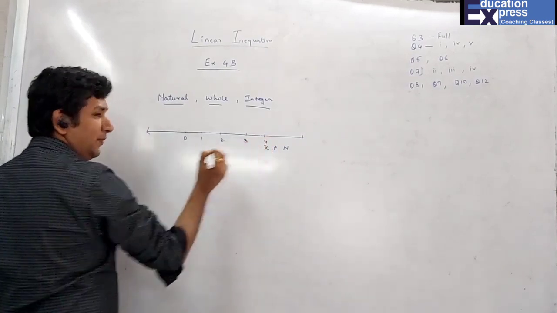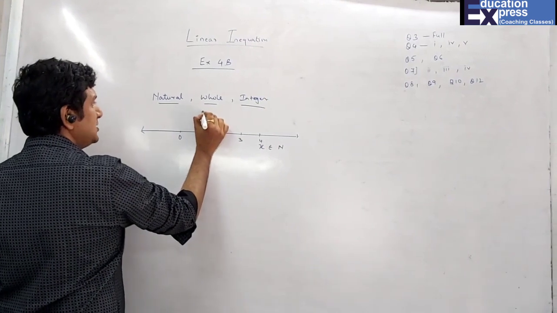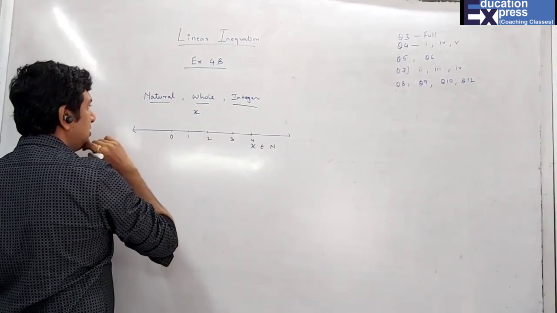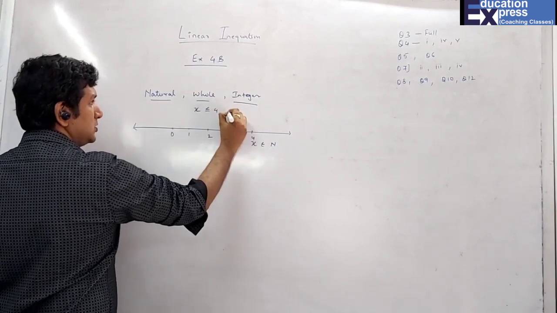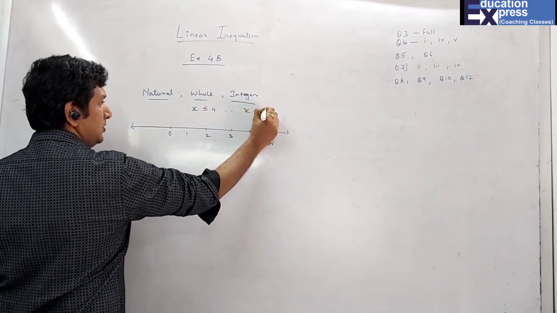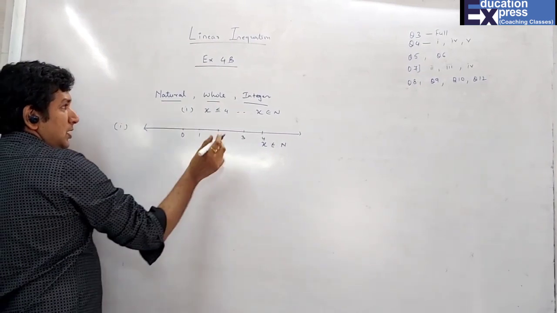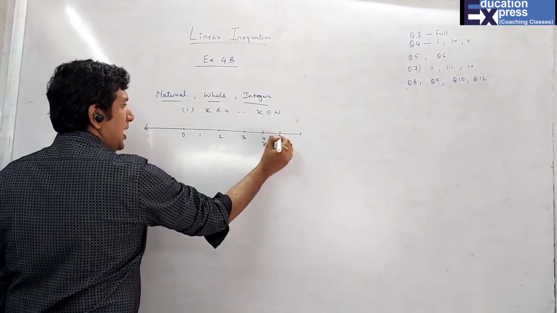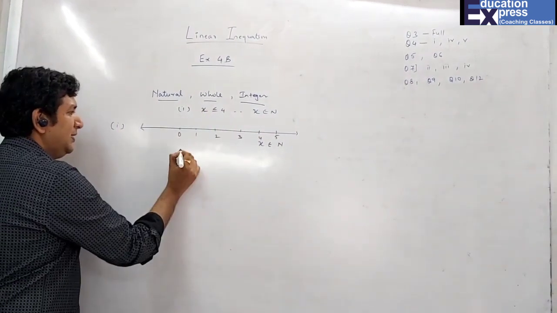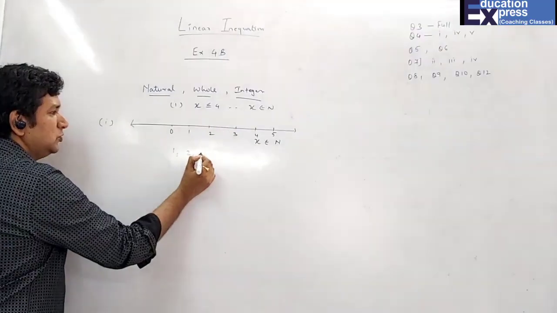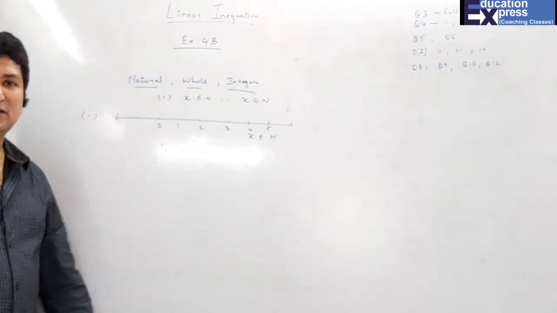After drawing a number line, suppose they have given us that x is a natural number less than or equal to 4. Now tell me the natural numbers which are less than or equal to 4. Obviously you will number it as 1, 2, 3, 4. That means 4 is the last natural number.